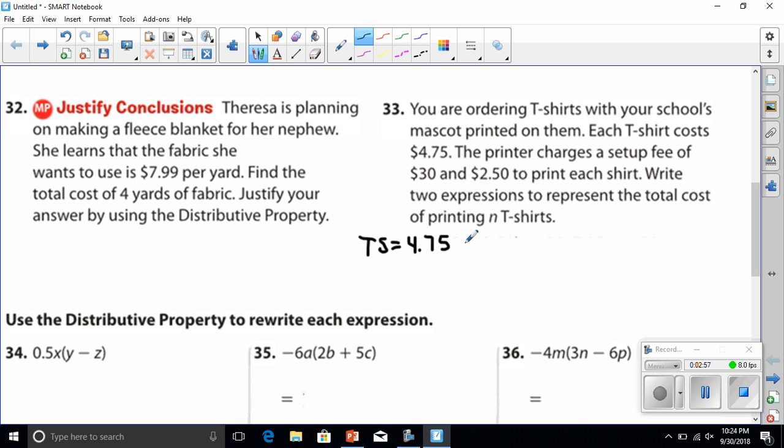Well, this is what it costs for the t-shirt, but since it's going to be $2.50 for each print that we do, really we have $4.75 plus $2.50. Then we're also going to have to add $30 because that's their fee to set it up. So this would really be all in parentheses. We have to add 30 then.